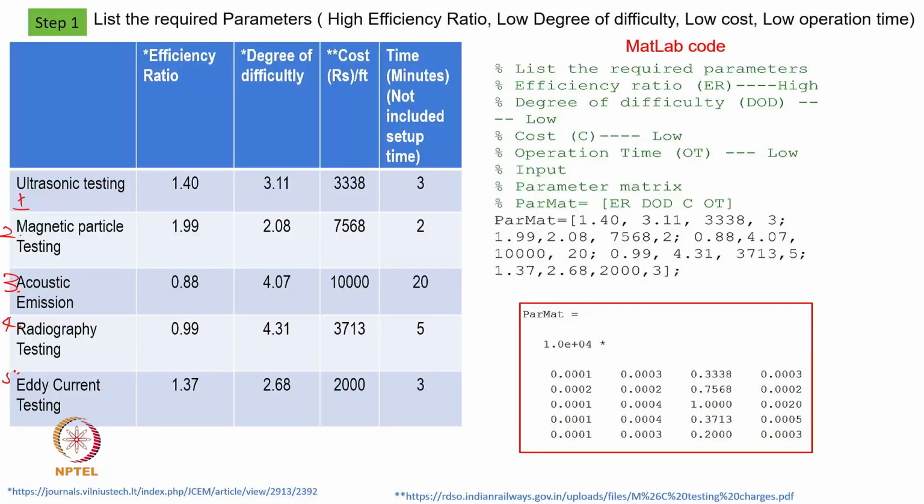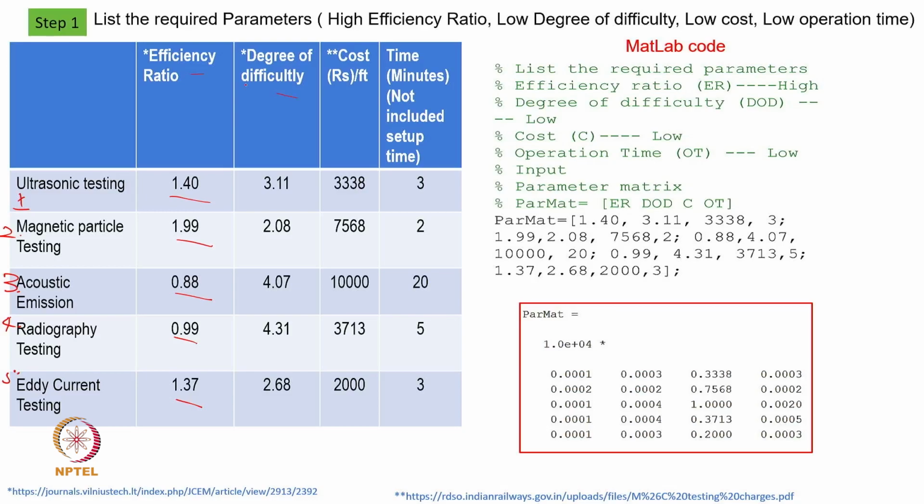So, in this case, the efficiency ratio has been picked up from one literature, where they mention an efficiency ratio of 1.4 for ultrasonic testing, magnetic particle testing 1.99, acoustic emission slightly lesser at 0.88, radiography test 0.99, eddy current 1.37. So, these are the data picked up from literature.